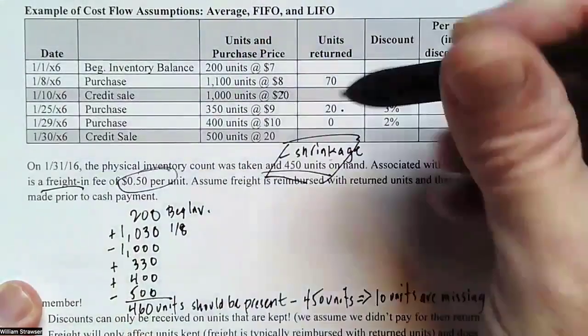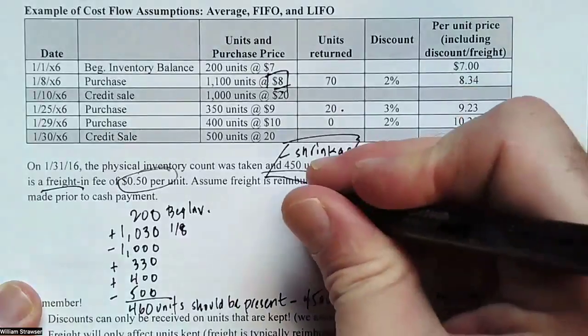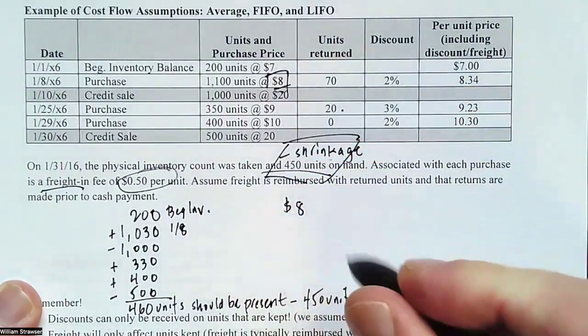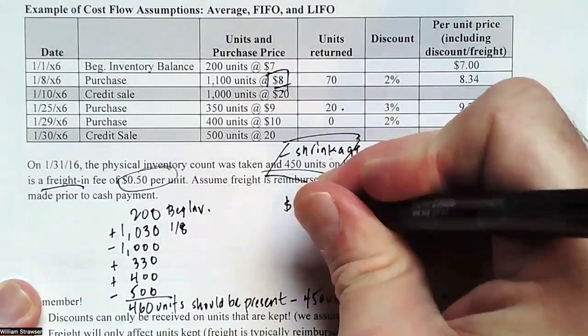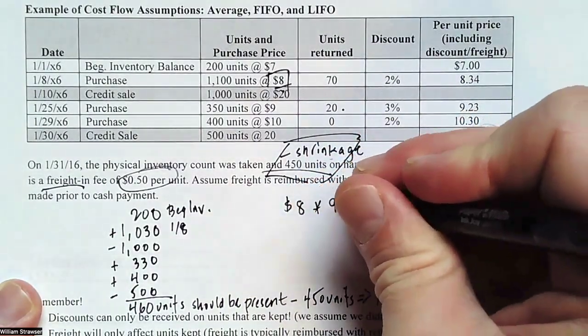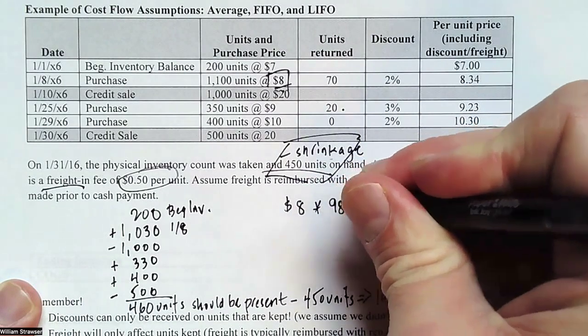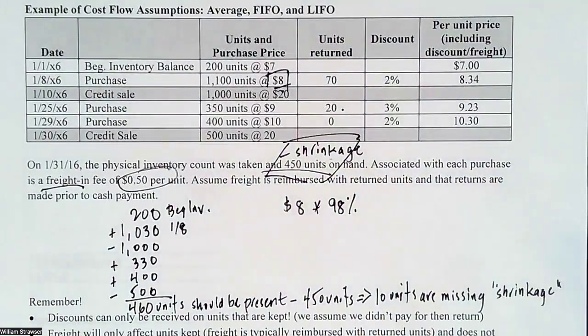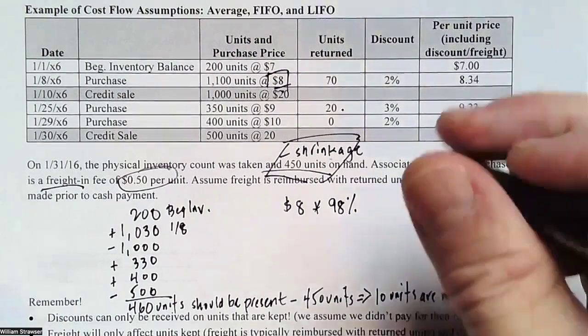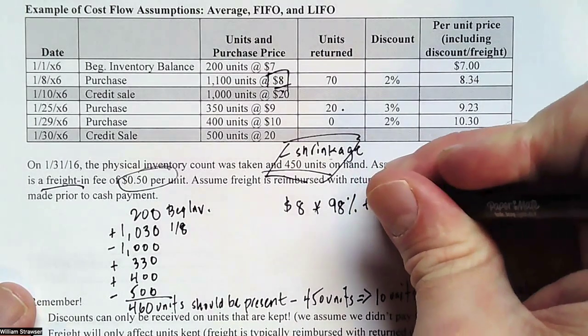For example, here I got a purchase price of $8. And if I get a discount of 2%, then I'm going to multiply it by 98%. So that will give me the price net of the discount. Since I'm taking 2% off $8, I can just take 98% of it to get that amount directly. And then I'm going to add the freight.